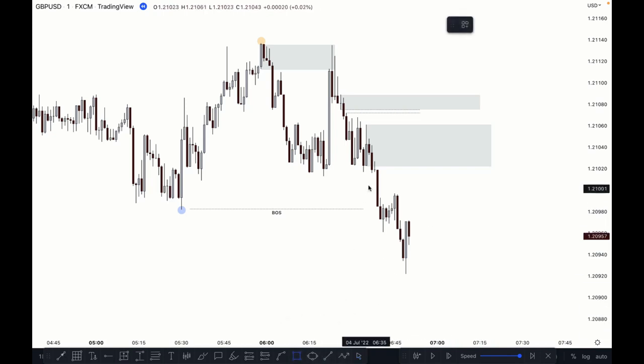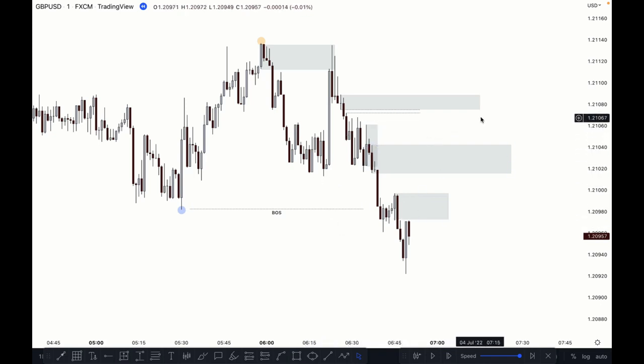We can refine it here like this. This can be your refined order block, and this is your other order block, which is here, because this is the last buying candle before this move. So there are different order blocks.